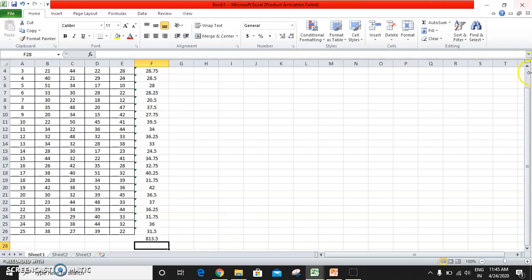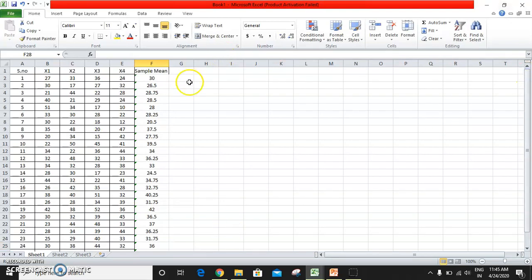Now the next step was to calculate X double bar. And what is the other name of X double bar? That is the central line.